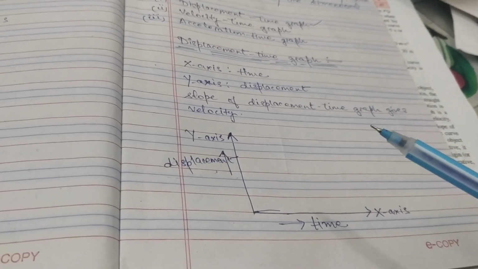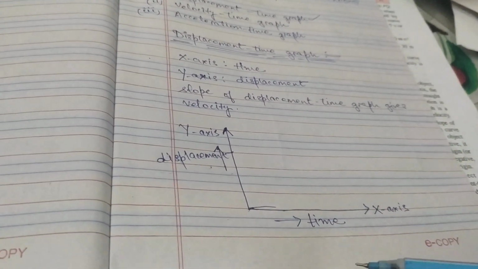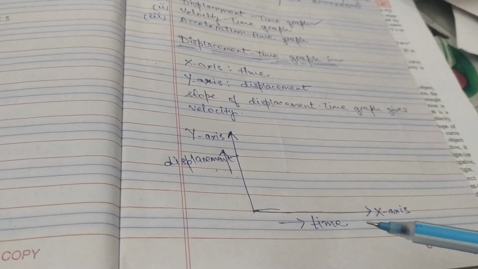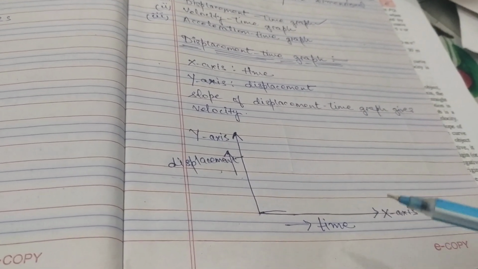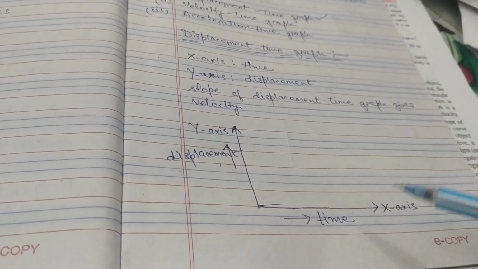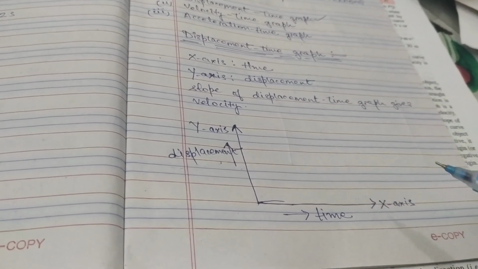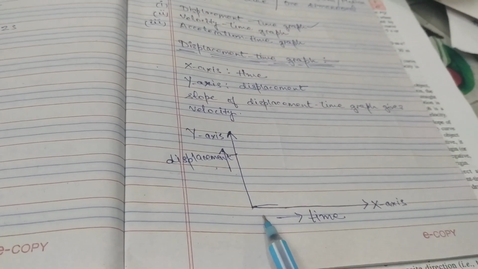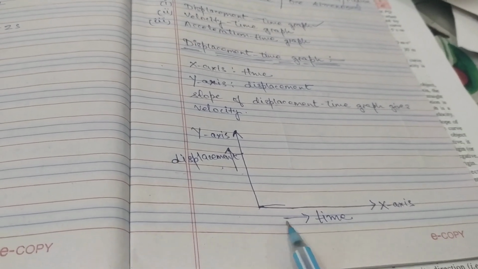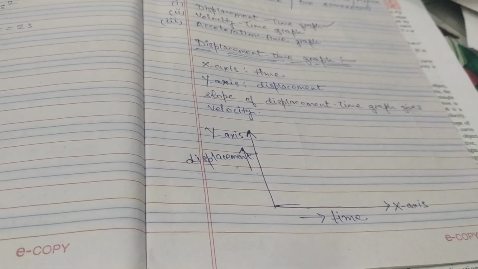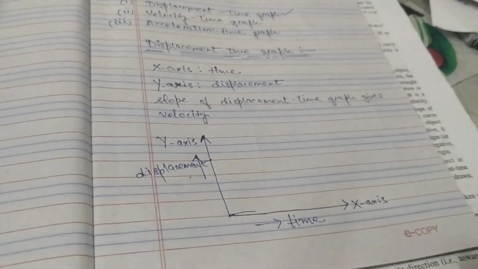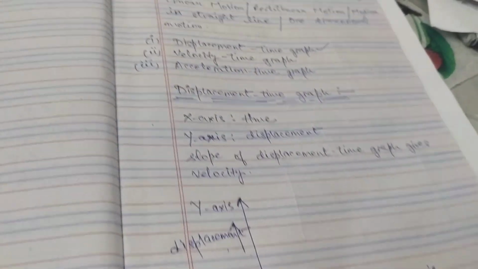It is not like when displacement happens then time will change. No, because suppose there is no displacement, will the time stop? No, time will keep on moving, right? So as the time is changing, the displacement may change or may not. That is what we are going to study.